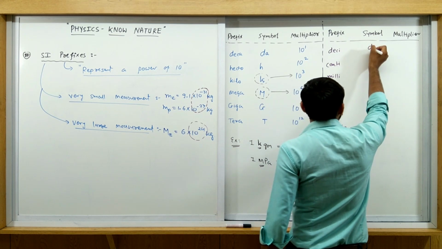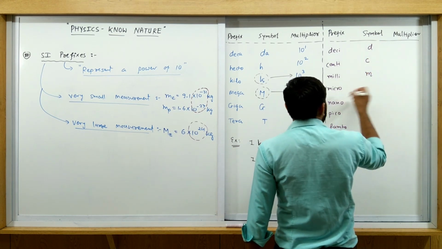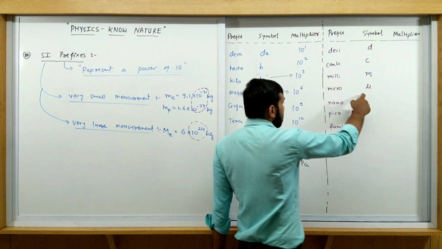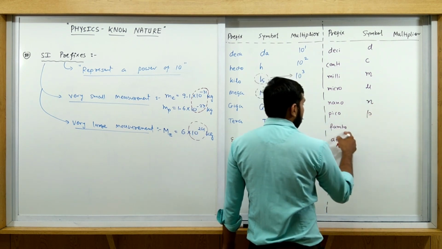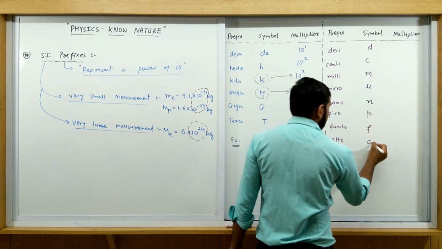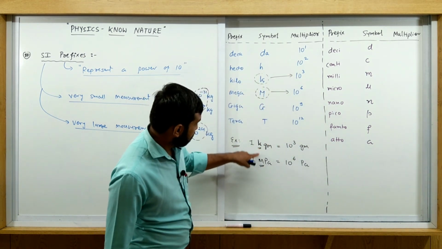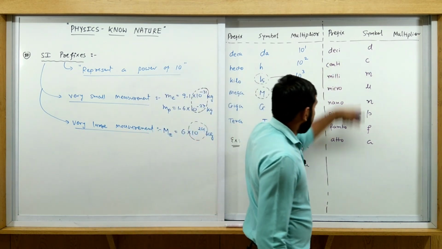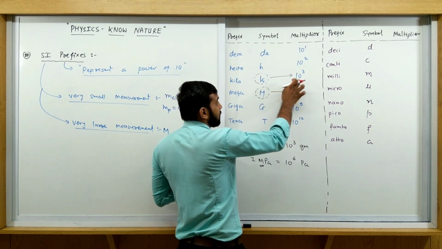Deci is represented by d, centi by c, milli by m, micro like this. It's called mu. Nano is represented like this. Pico is p, femto f, and atto a. This is the symbol. Like this, see, here these symbols are used, km. Okay, now what is the multiplier? If kilo is given, then you multiply by 10 raised to 3.